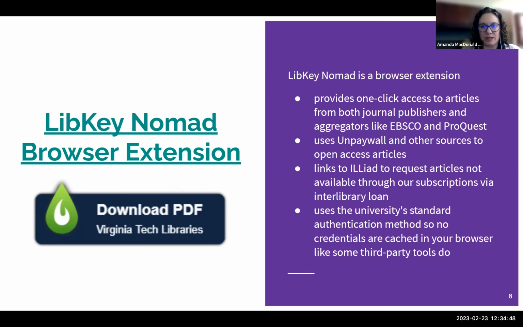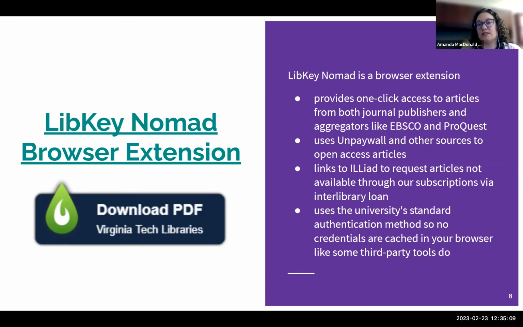It takes like 5 minutes, but what's so important about it is that it provides one-click access to articles from both journal publishers and aggregators like EBSCO or ProQuest. You can see that image, which says download PDF from Virginia Tech Libraries.